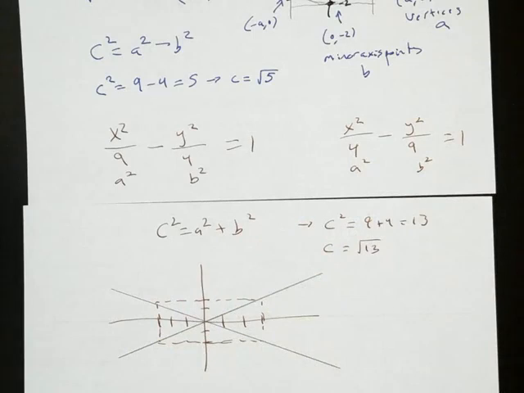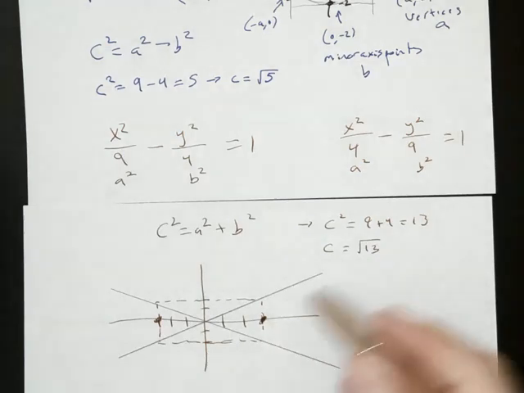Now the vertices are in the same spot. The vertices are still on what we call the major axis. They're still here at 3 and minus 3. But there's no curve going up or down. The curve lives within these wedges.